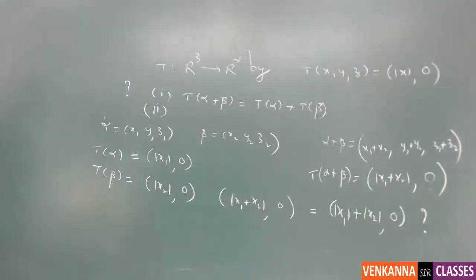Is it right? T of alpha plus beta equals T of alpha plus T of beta, is that correct? The first condition.